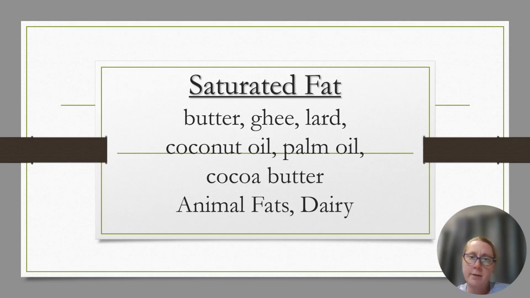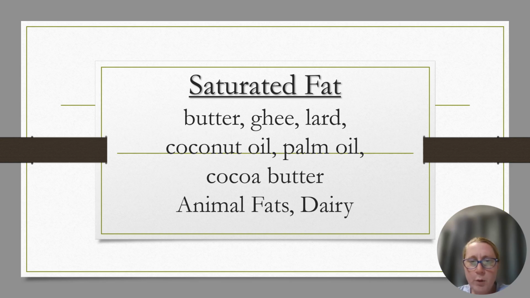So saturated fats: butter, ghee, lard, coconut oil, palm oil, cocoa butter, animal fat, and dairy. I have had many patients ask me, as they were under the impression ghee is healthier, and it is not. Ghee is simply melted butter, and they've taken out all of the milk fat in it, leaving that beautiful yellow color of the oil.